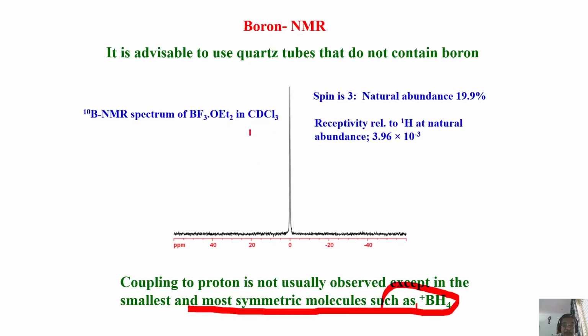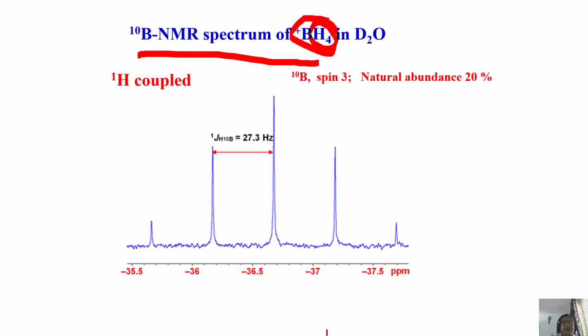So you don't see coupling to protons. But look at here. Boron 10 NMR spectrum of this BH4, H4 is 4 chemically equivalent protons. What you have to do? You have to apply the 2nI plus 1 rule. When you apply the 2nI plus 1 rule, follow Pascal triangle because proton is spin half.